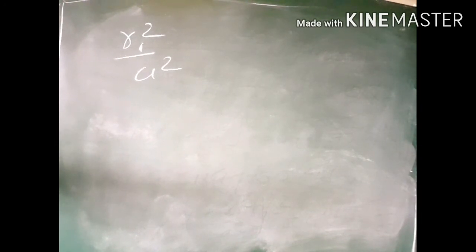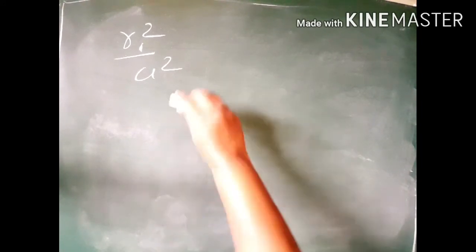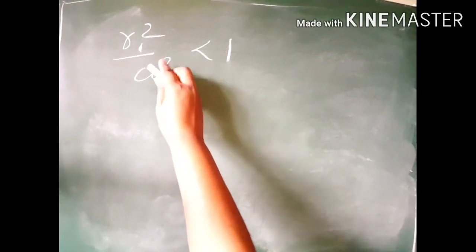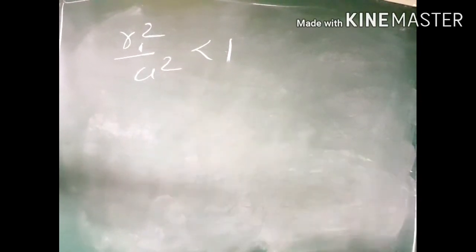This ratio is obviously less than 1, so we can use the binomial theorem. Because it is very much less than 1, we can neglect all the higher order terms, and take into consideration the first and second terms only.